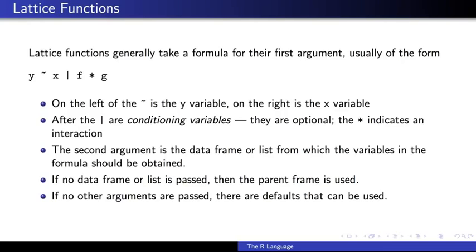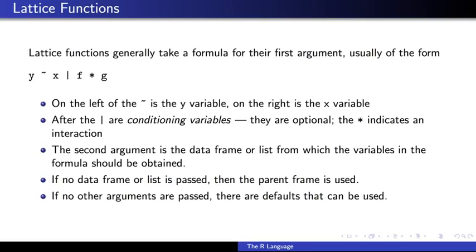The idea is that the strength of the lattice functions is that you can plot conditional relationships, where you condition the relationship between, say, x and y on a third factor variable. For example, f might represent a factor variable categorizing men and women, and you might want to look at the relationship between x and y for both men and women separately.